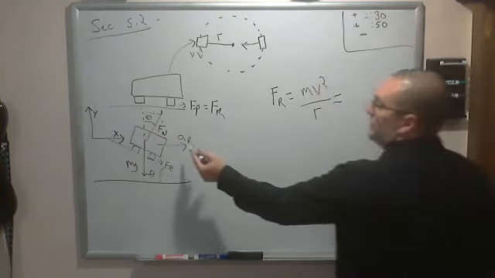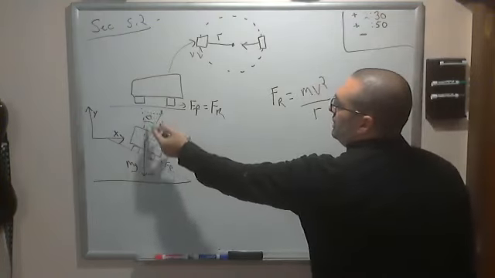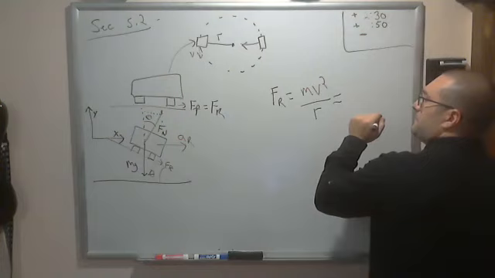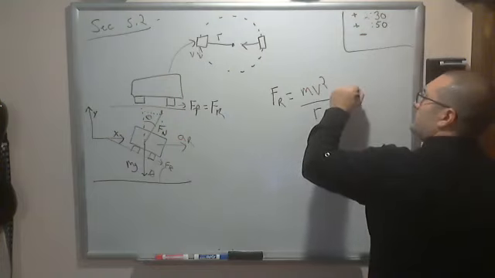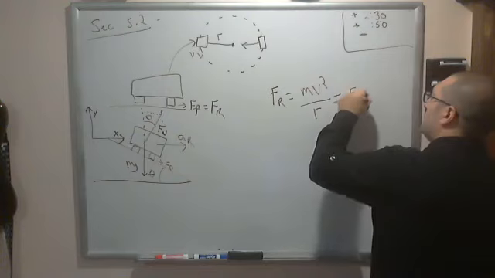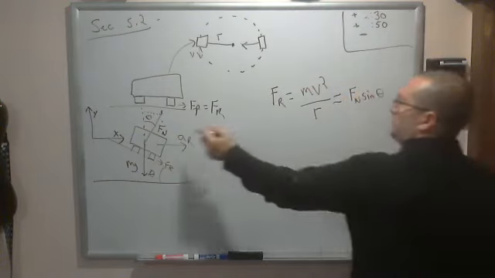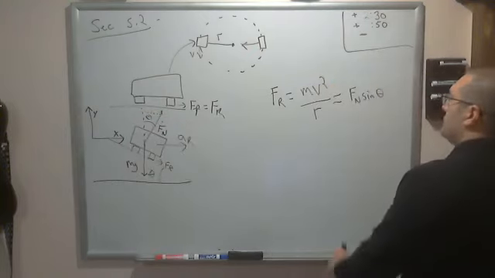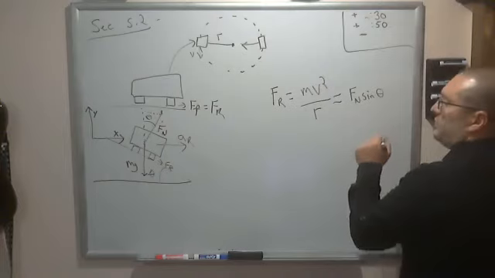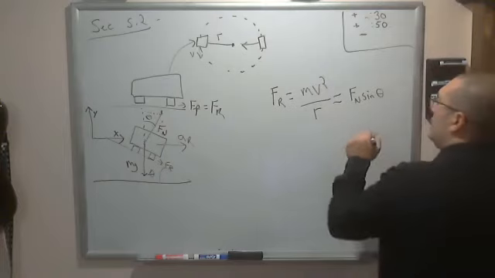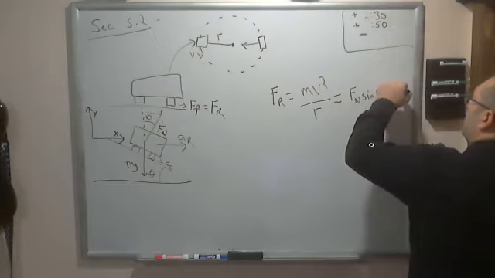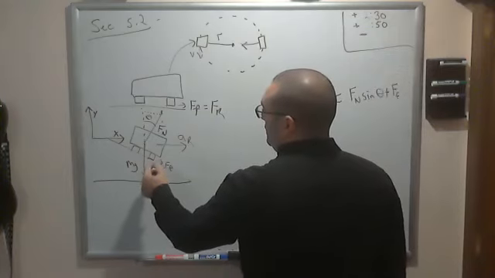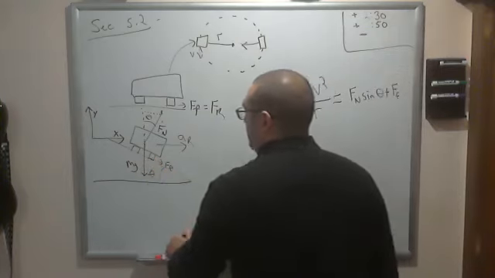A_R is equal to the sine of the normal vector, because we're working with the opposite, in this direction. And then just for completeness' sake, we'll use friction as well. It would be the friction.